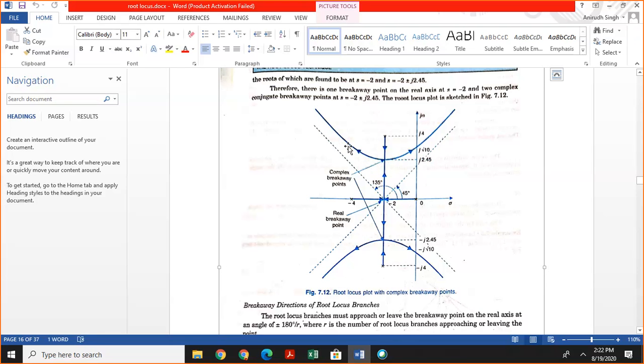So this branch tends to infinity along this asymptotic line. Similarly, in this case, this branch approaches towards this point, and this branch approaching this point, and this is the breakaway point. From breakaway point, these two branches approach towards infinity, and this is the complete root locus of the given system.